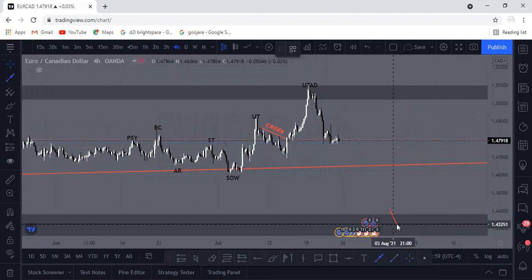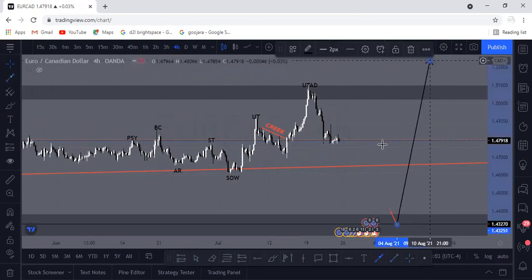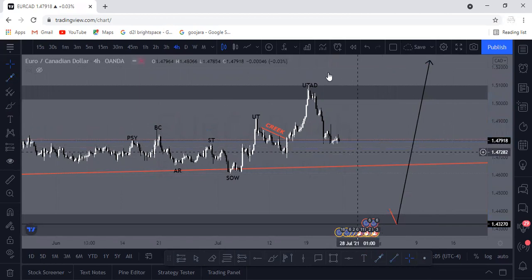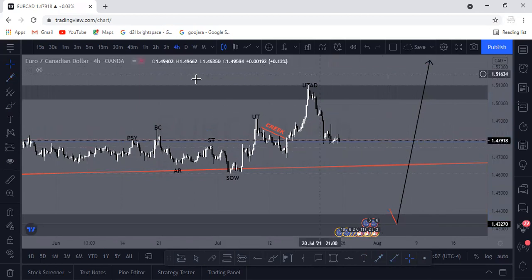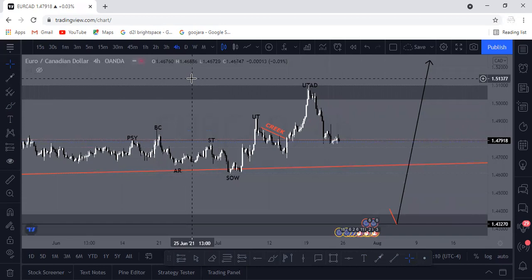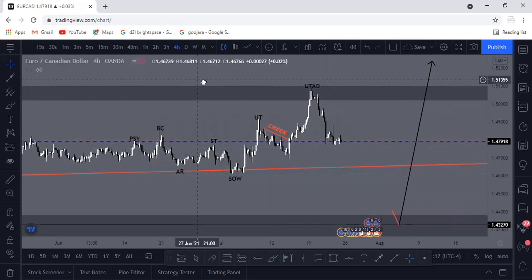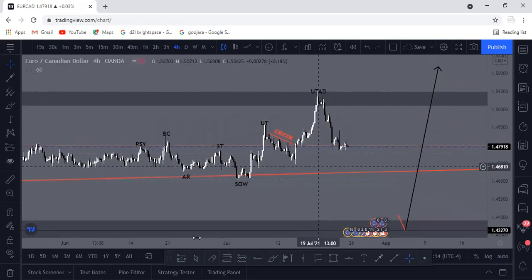We need to see what? We need to see the long push to the upside. Remember that we need to go back and see where these guys want to grab another liquidity, according to the weekly time frame.